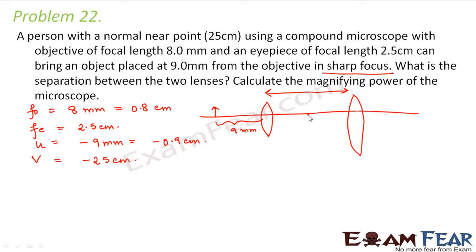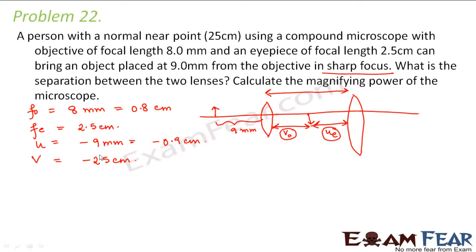Now, this object will form an image somewhere here. So, this distance would be the image distance from objective plus the object distance from the eyepiece. So, we have to calculate VO and UE, right?